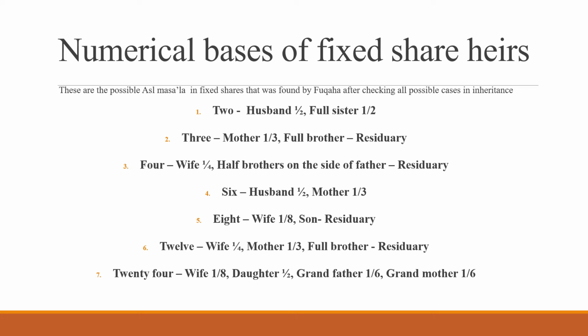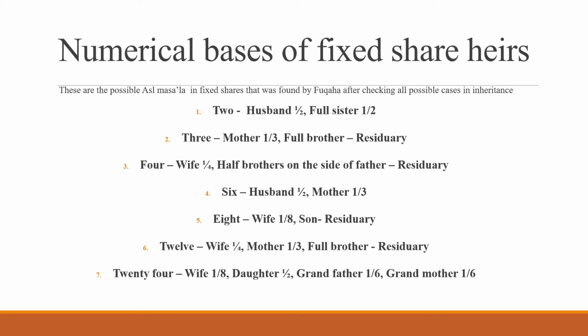Here, please understand, there are 2 types of heirs: fixed share heirs and residuary heirs. If the members are residuary, for example only sons, or sons and daughters, the basic value, the numerical basis, is the number of their heads.